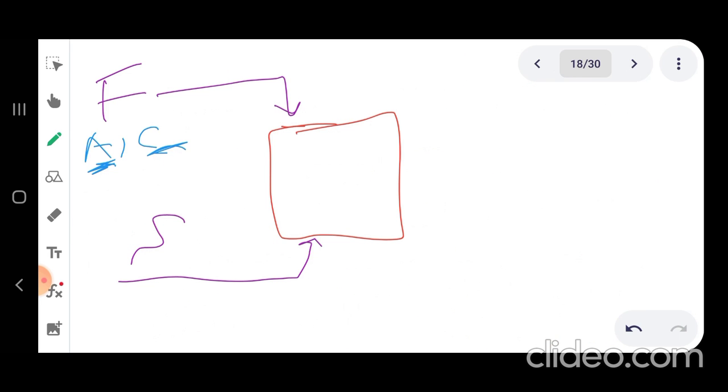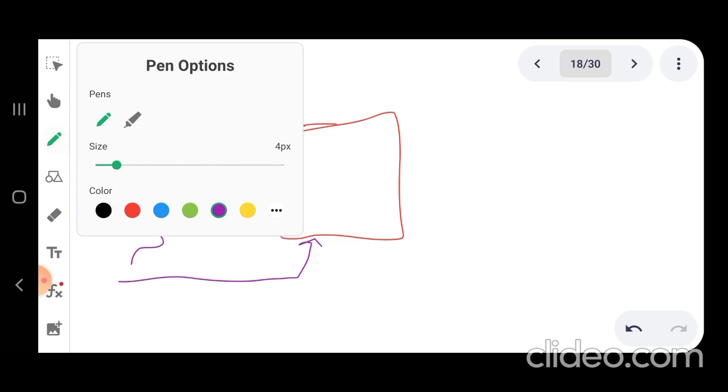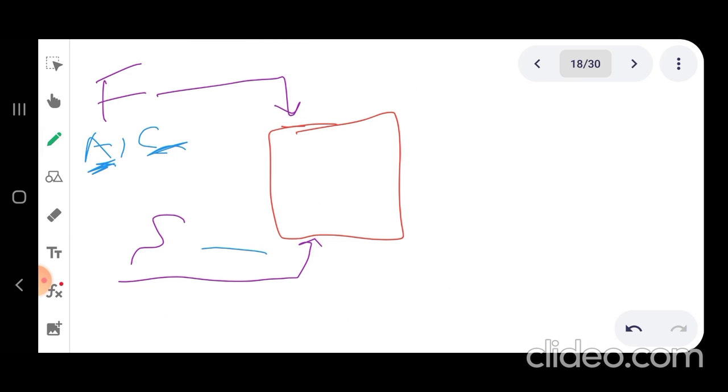The answer here, you need to be careful. S represents that stream, and this stream mainly contains the solvent B, but it could contain some traces of the solute or even some traces of the carrier.